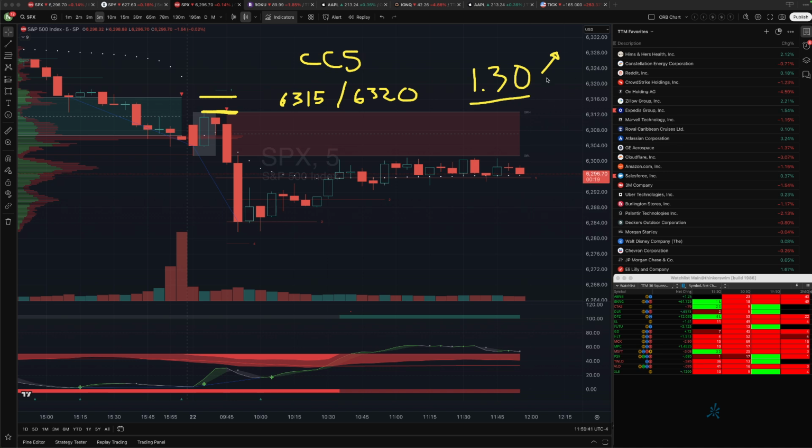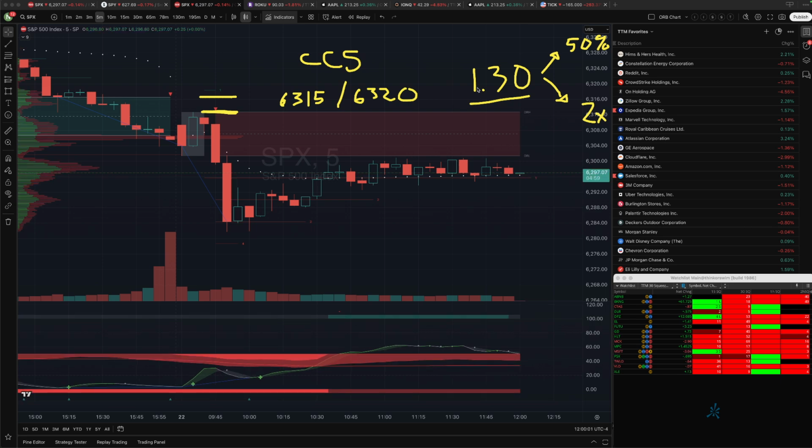I'll buy it back for my profit target. And if it goes against me, my stop loss is basically 2x, so 100%. If this spread got to $2.60, I would be stopping out.